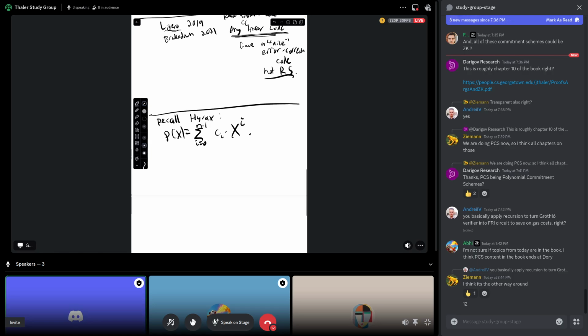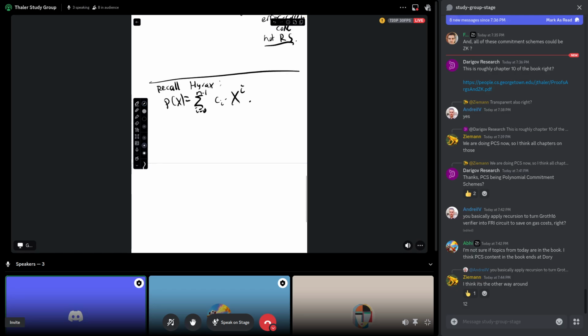Hyrax exploited the following property. If I write out the coefficients in a square matrix, root n by root n matrix, C0 up to C root n minus 1 in the first row, C root n up to C2 root n minus 1 in the next row, and so forth.